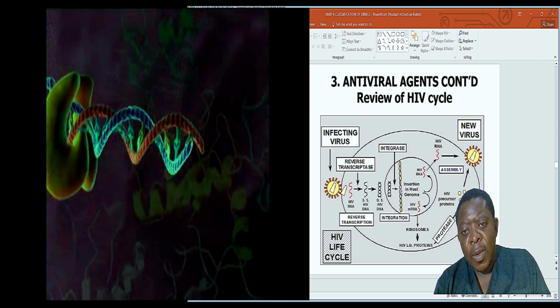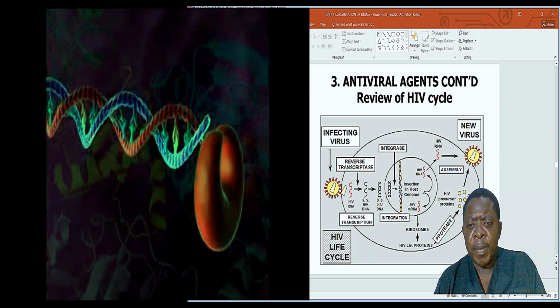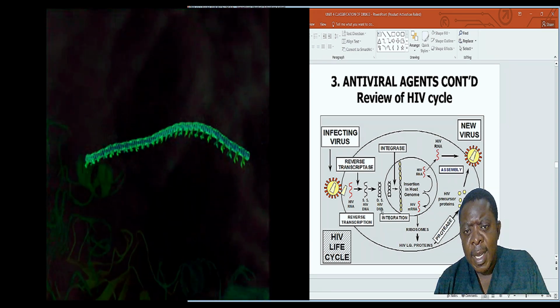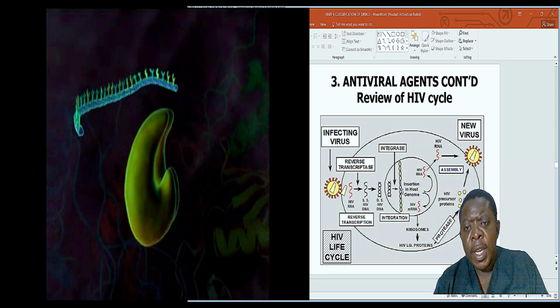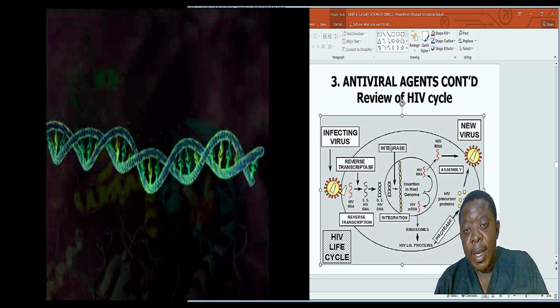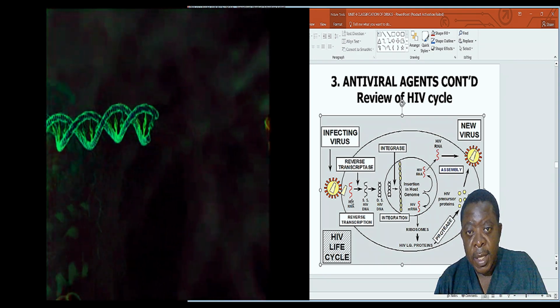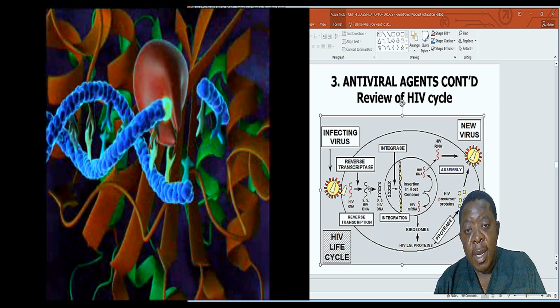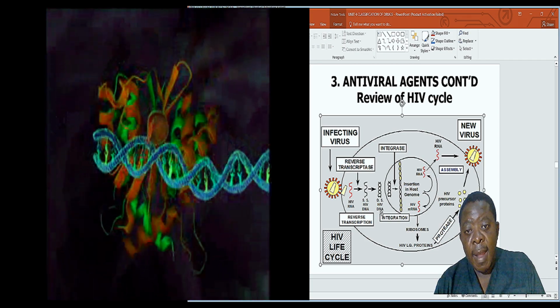So in the host nucleus, the double-stranded HIV DNA material is going to be incorporated into the host DNA, using the enzyme integrase. So reverse transcriptase here is changing the HIV RNA to a double-stranded HIV DNA.